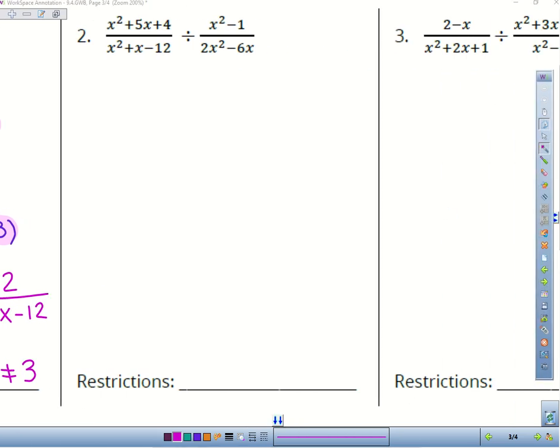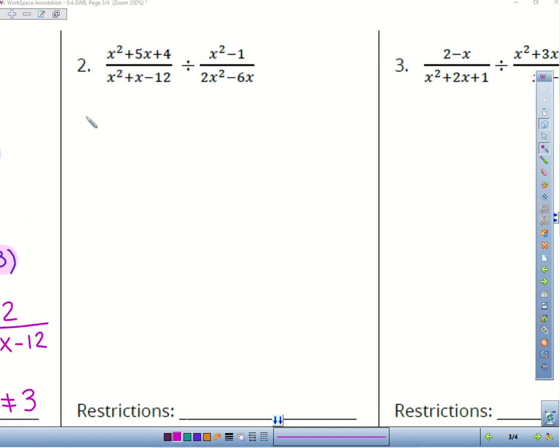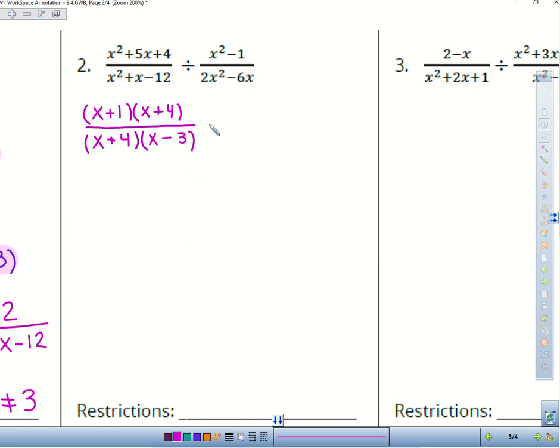Alright, so next one, same idea. I'm going to rewrite the first one. As I rewrite it, I'm going to just factor it too, because why not? So you'll get in the habit of figuring out things that you can do to speed it up a little bit. You'll get faster and faster at it as time goes on.